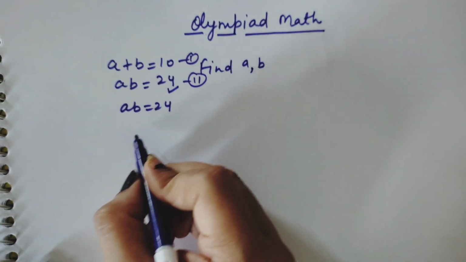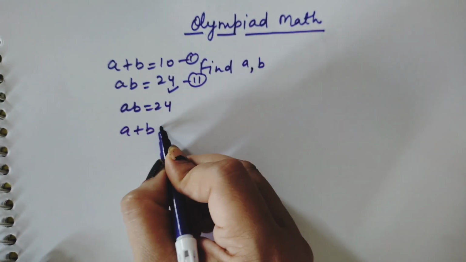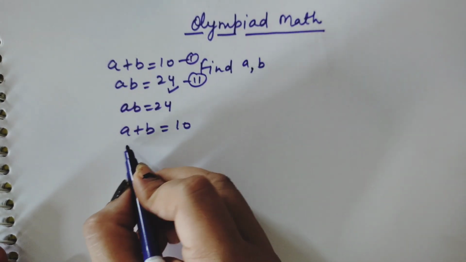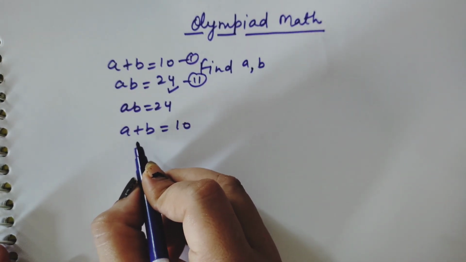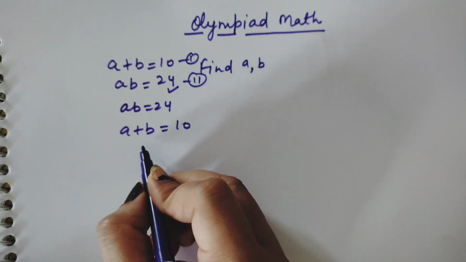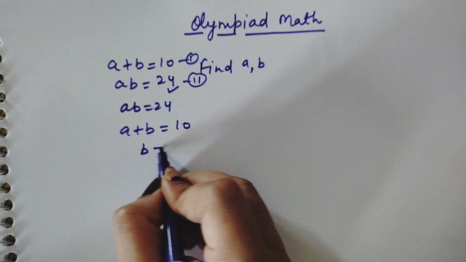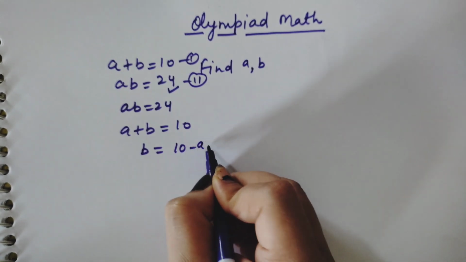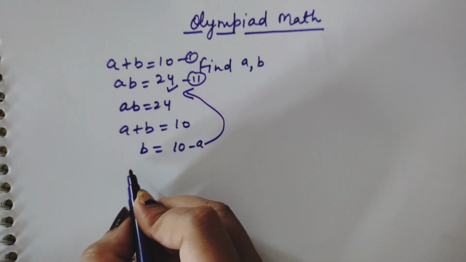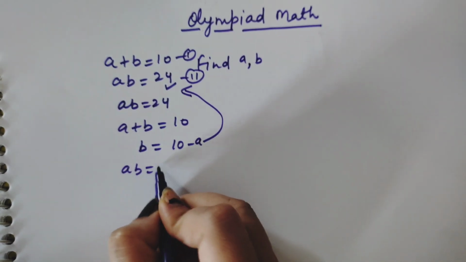From equation number 1, first of all we will find the value of b. You can find either a or b, it's your choice. Suppose we find the b value, so b is 10 minus a. Put this value in equation number 2, ab equals 24.